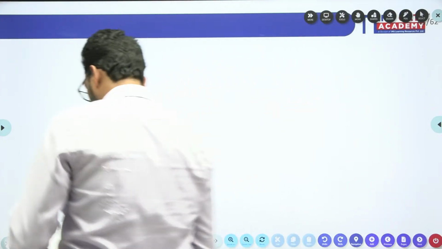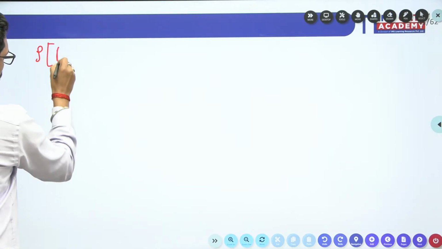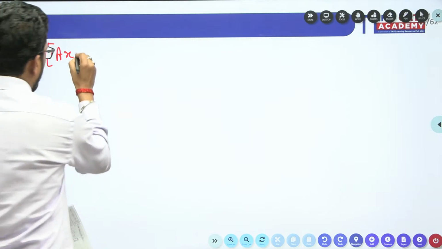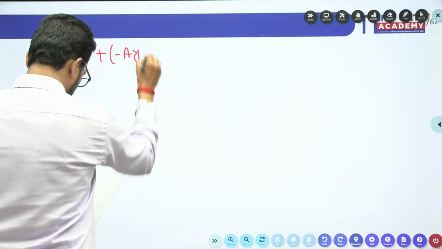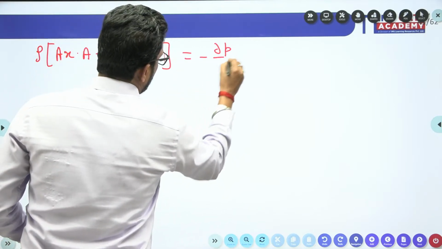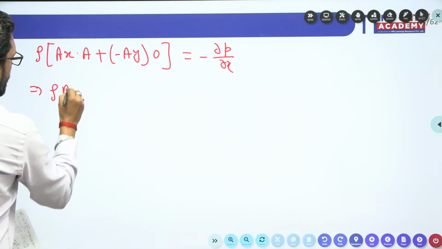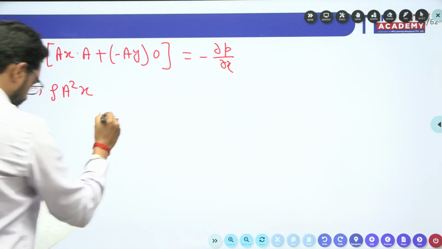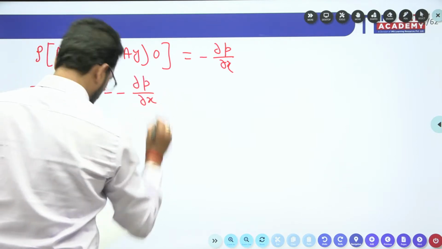Density into ax times a, minus ay into 0, is equal to minus dp/dx. So what is that? Rho a square x is equal to minus dp/dx, right?